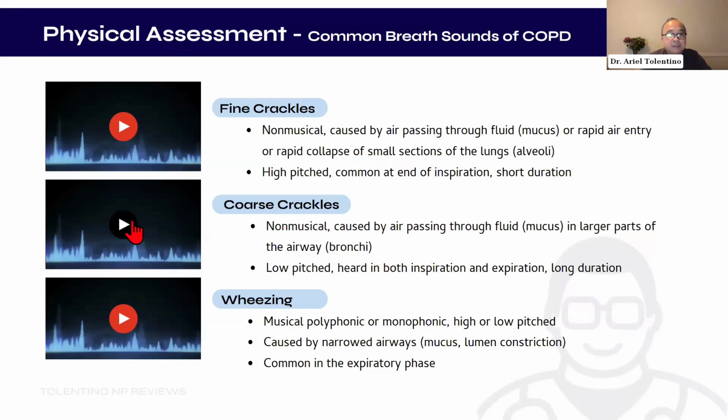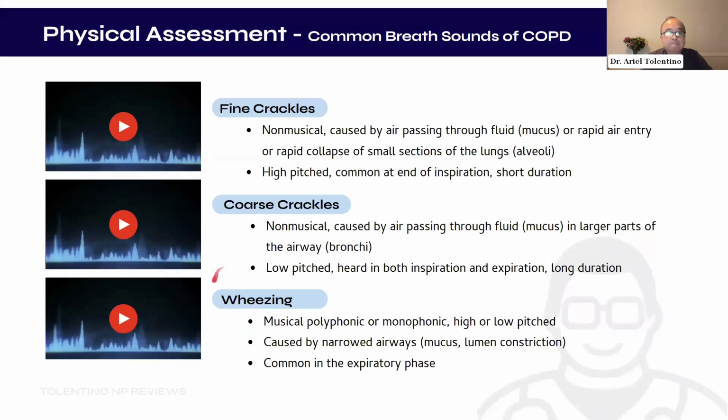Okay, so let's listen to this. So we noted the longer duration of your coarse crackles because it's found in both inspiration and expiration.